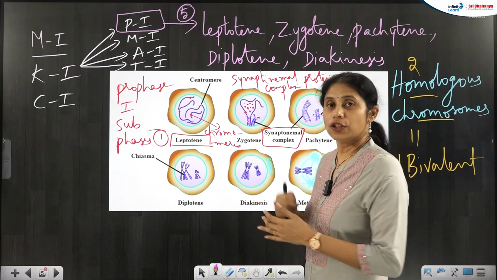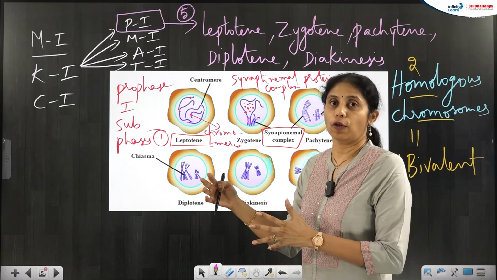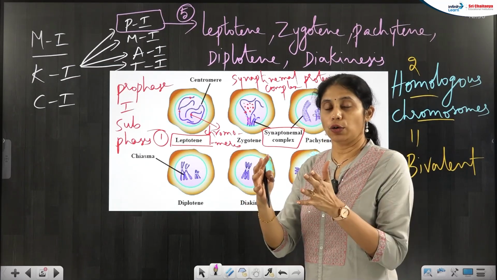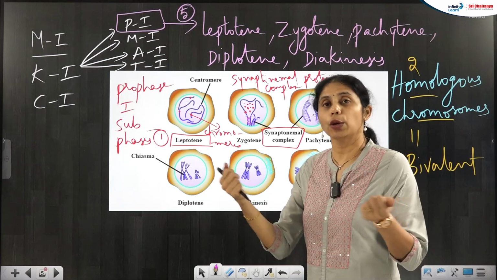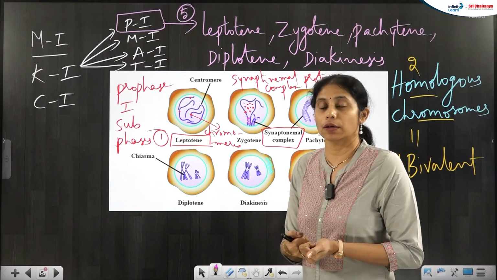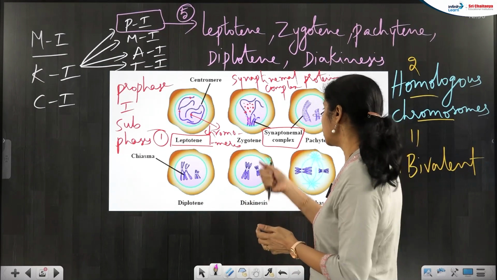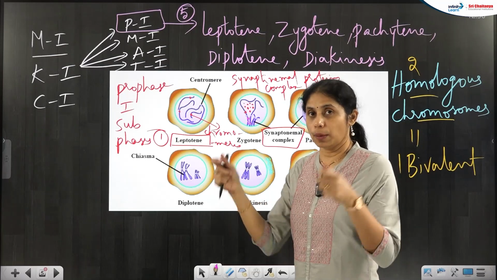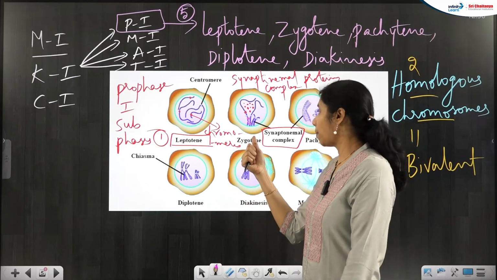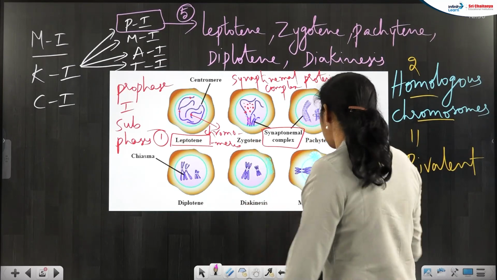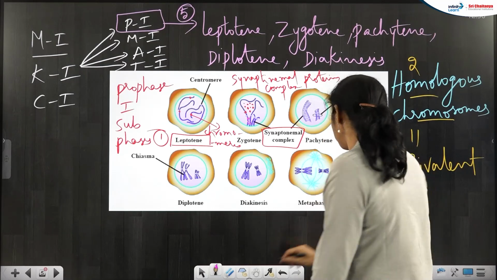So by the end of the zygotene, bivalents are formed by the coming together of two homologous chromosomes. The process of pairing which happens in the zygotene is called synapsis.